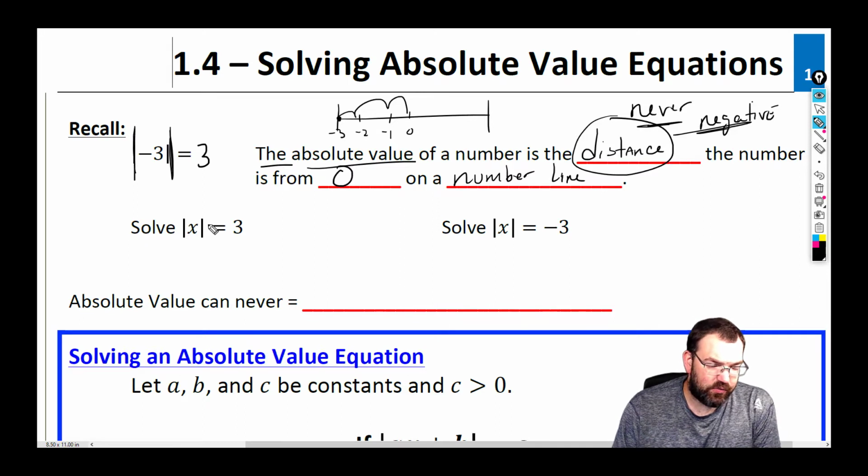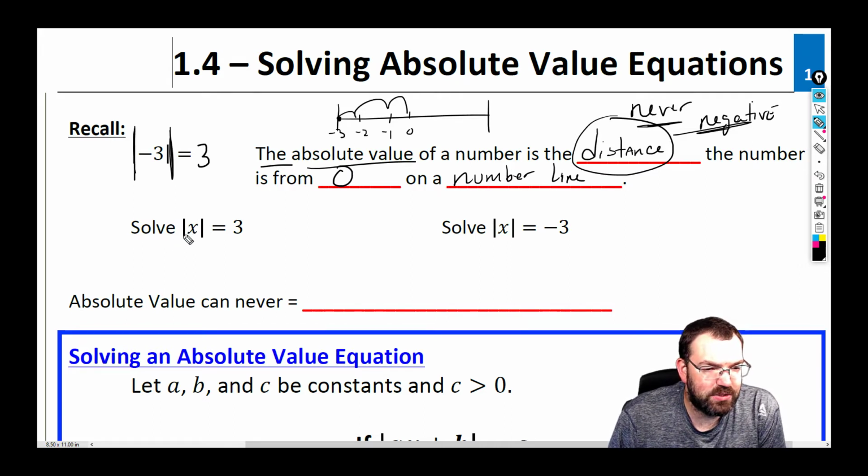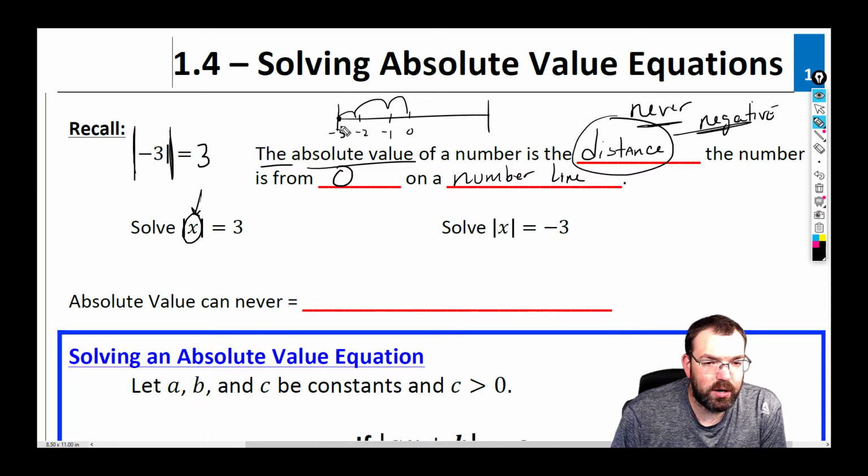Now, if we go into how we do an equation, we can say, solve the absolute value of x equals 3. What numbers can go in here such that I would get 3? Well, we already know that -3 gives 3, so x can be -3. We already did that from this number line. Well, what if x is now +3?